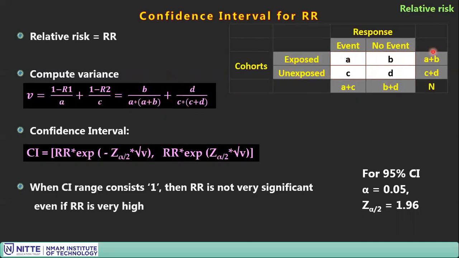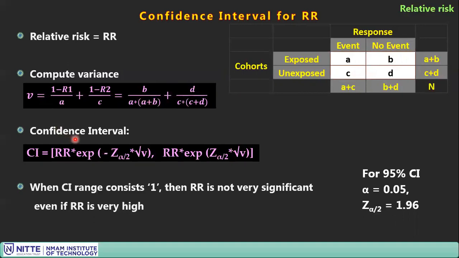So A and (A plus B) go to the denominator product and B is the numerator. Similarly, D divided by C into (C plus D). So for variance you will be taking the no event column in the numerator and these two products in the denominator, A into (A plus B), C into (C plus D), and you will be summing it up. So that is the variance.